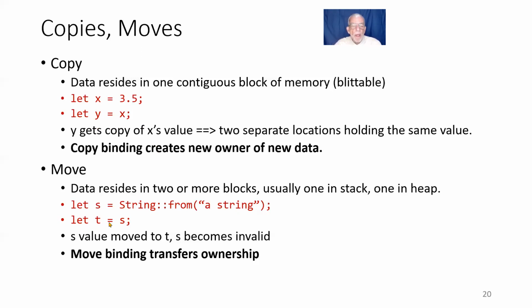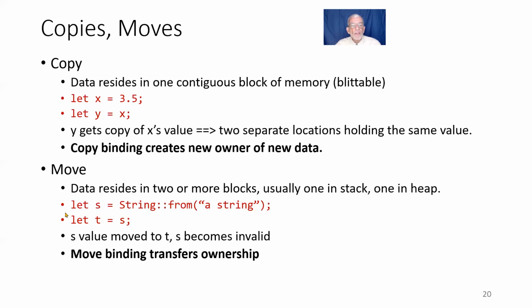That's really what's happening. So, and I'll have a diagram on the next slide that shows how that happens a little more. But basically, what happens is that t takes ownership of s's data, and now s becomes invalid. I can't use s anymore. Okay, so what I've done is transfer ownership.